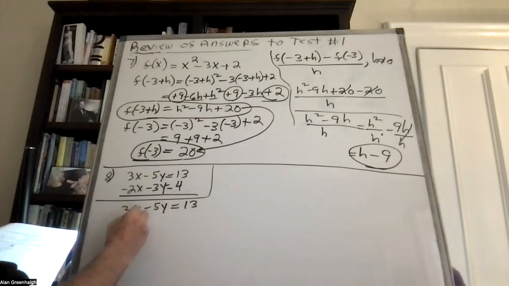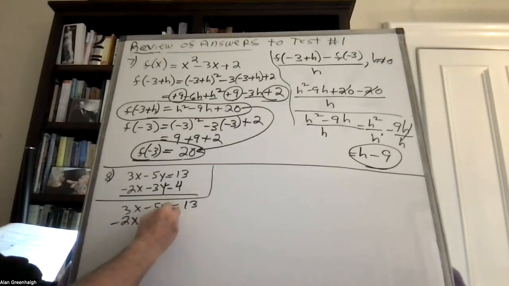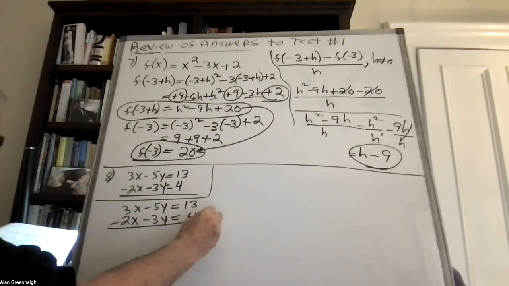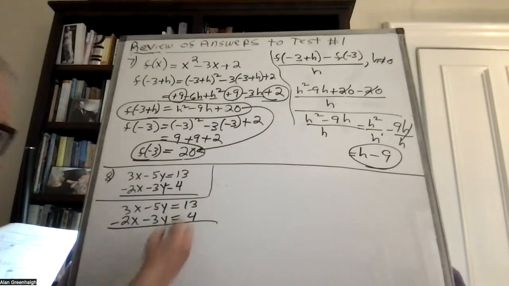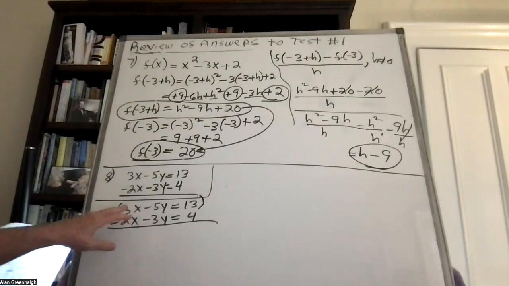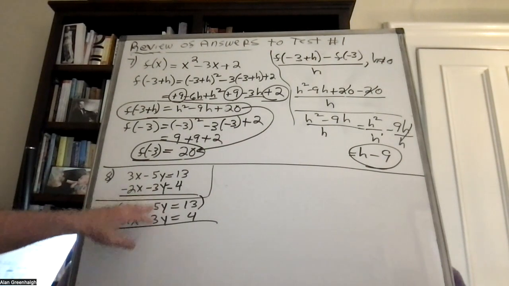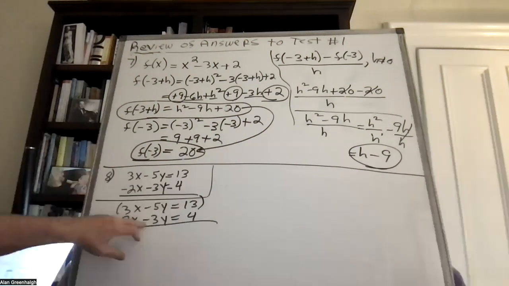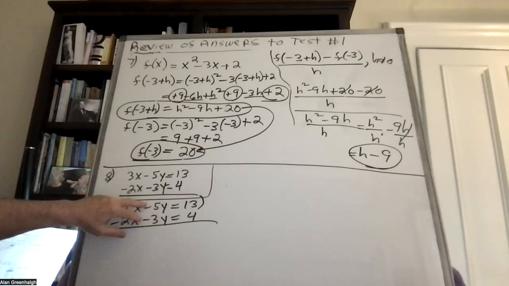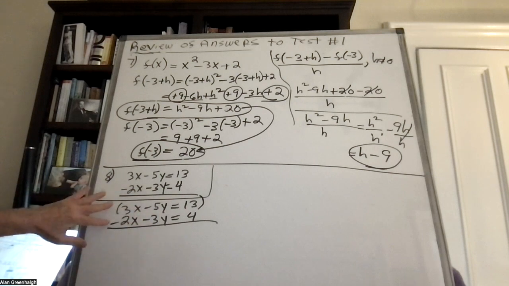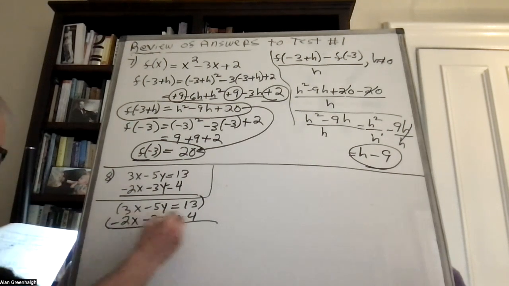Negative 2x, negative 3y equals 4. And I'm going to get rid of the x's. Because if you get rid of the y's, you're going to have to multiply by a negative sign, because you have the same sign here. So I'm just going to choose the x's.